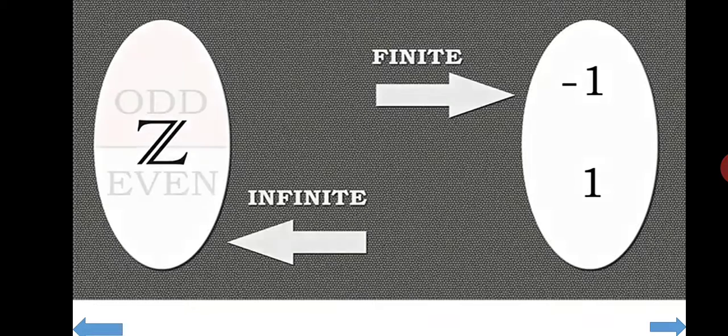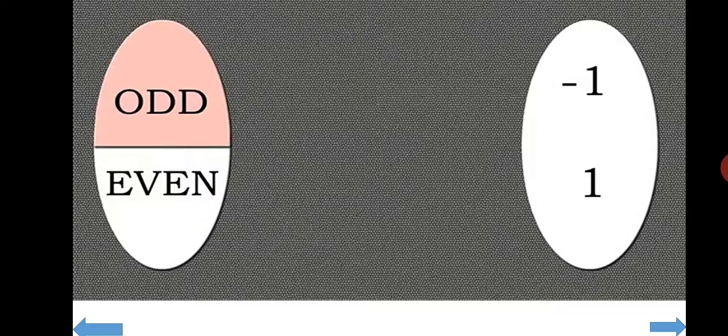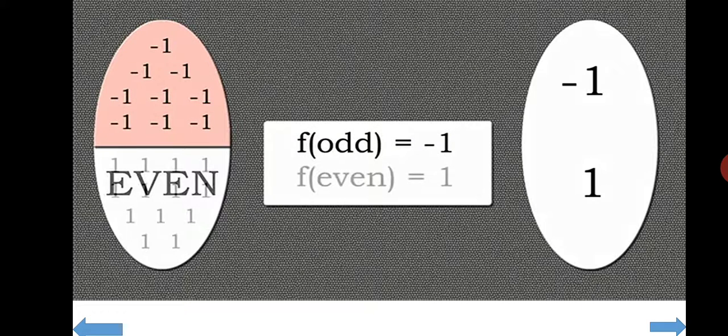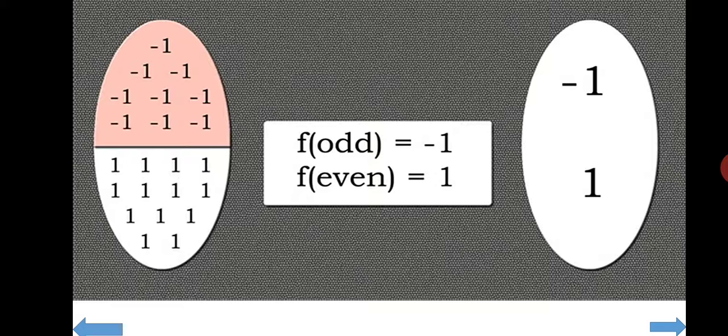But the group of all integers can be written as a union of all the odd numbers and all the even numbers. Let's replace all the odd numbers by -1 and all the even numbers by +1. Do you now see a similarity between these two groups? Both these groups contain exactly two distinct numbers, -1 and +1.